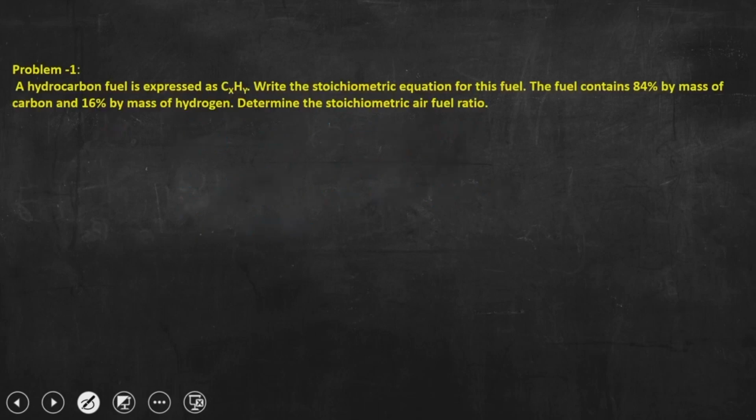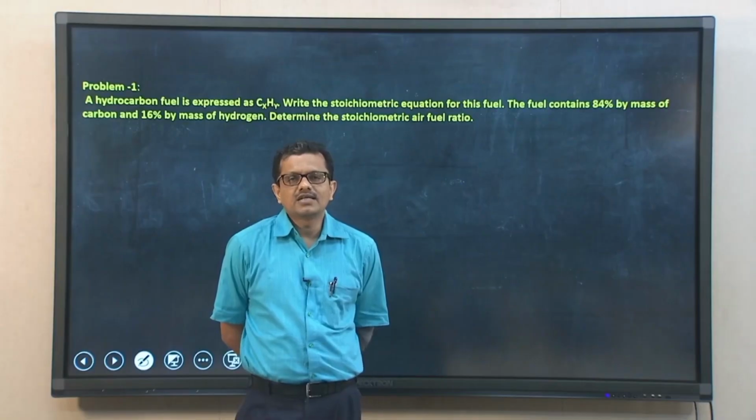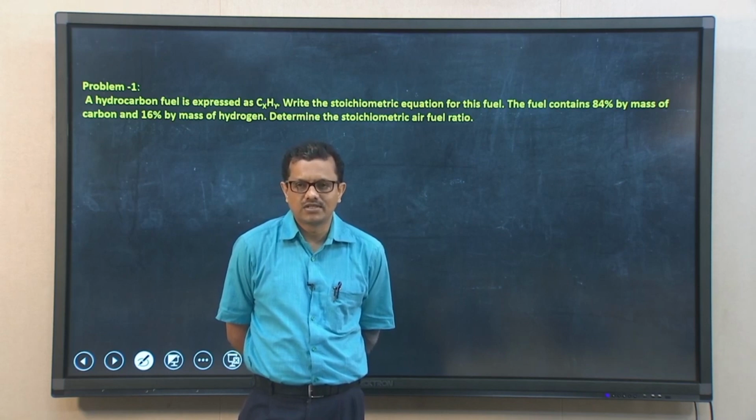And the first problem that I would like to solve is on the stoichiometric air fuel ratio. We have discussed that the stoichiometric air fuel ratio is the chemically correct air fuel ratio.